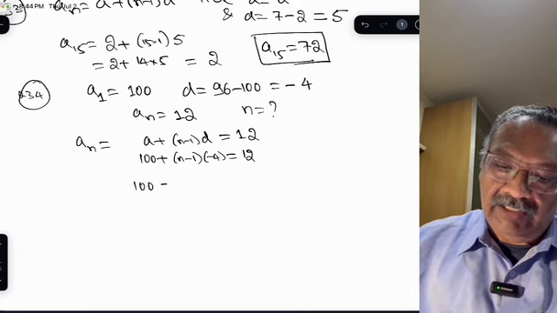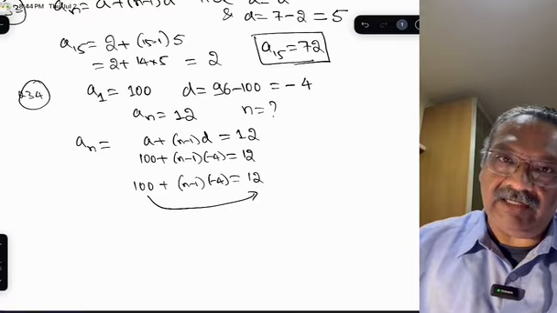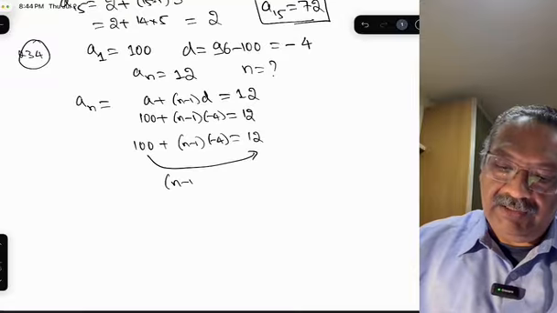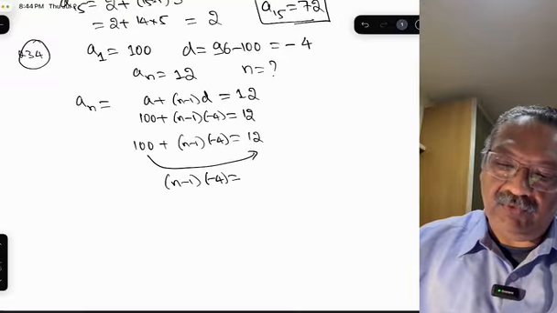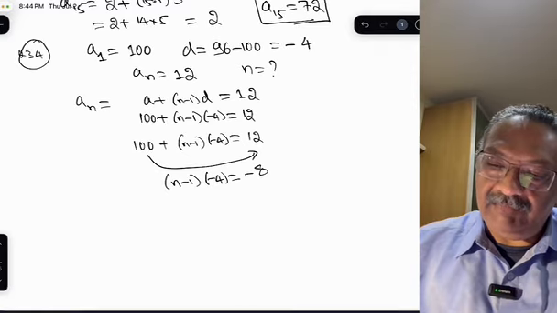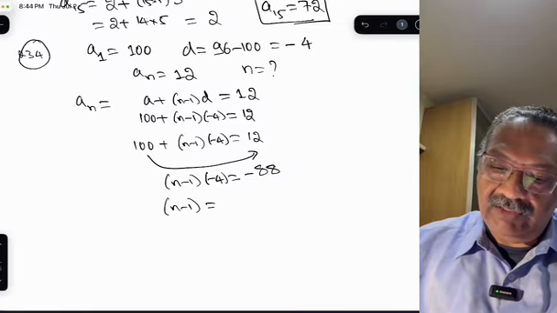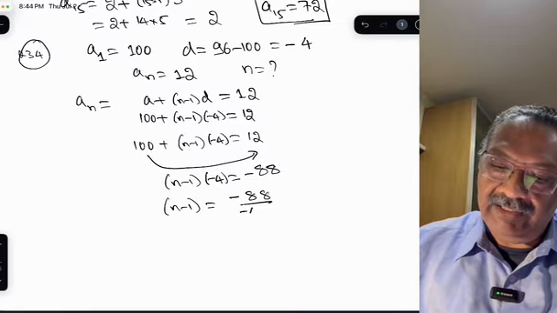So, 100 plus (n minus 1) into minus 4 is 12. We will take this 100 this side. It becomes (n minus 1) into minus 4 is equal to 12 minus 100. 12 minus 100 is minus 88. So, we have got n minus 1 is equal to minus 88 by minus 4.